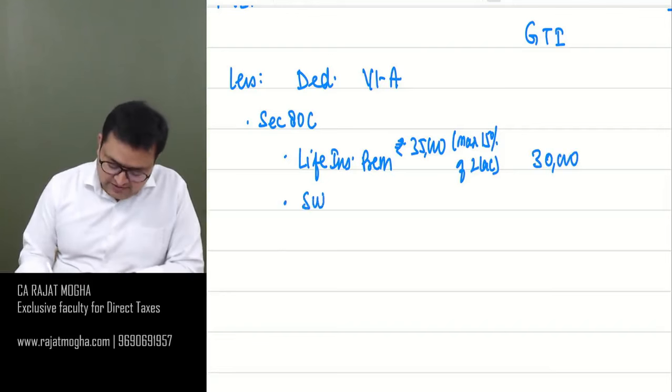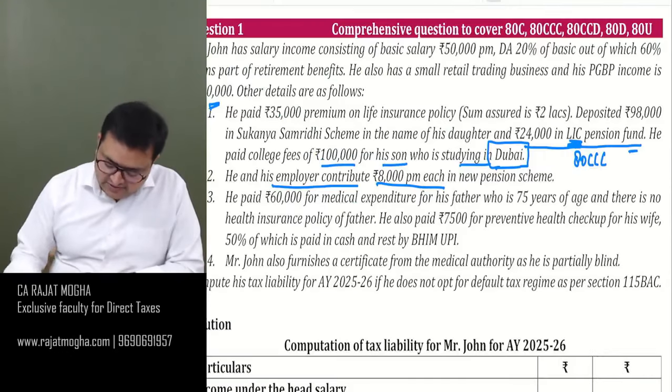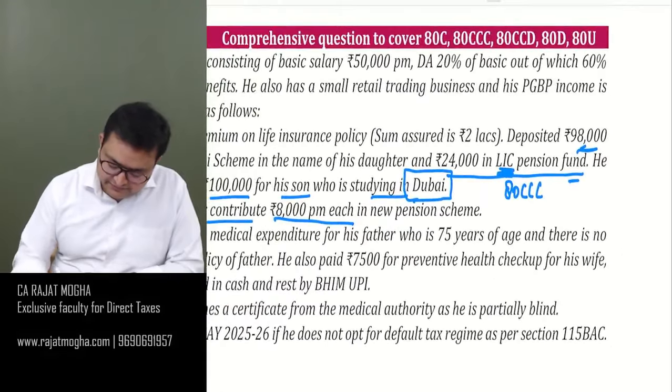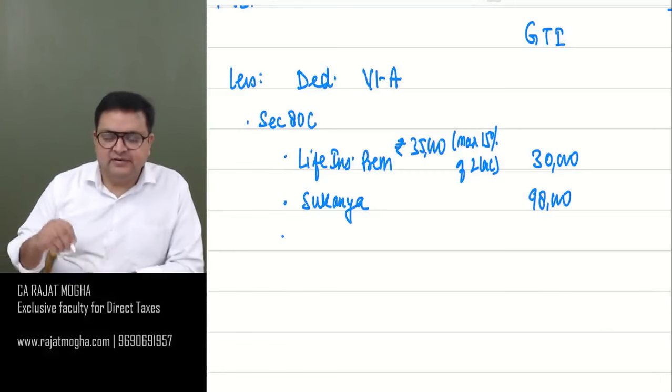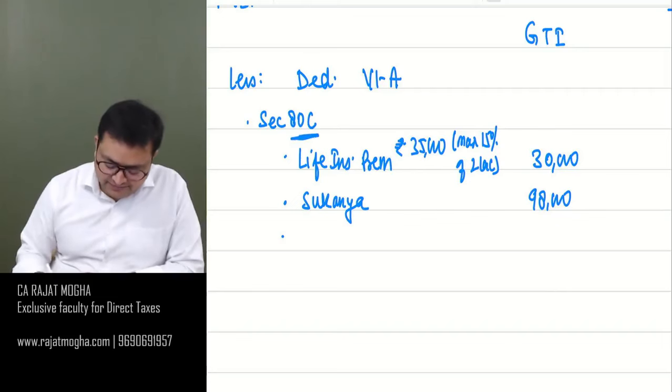Then he is paying an amount in Sukanya. Just write Sukanya in the examination. How much is he paying? 98,000. LIC pension fund will go in 80CCC, not in 80C.